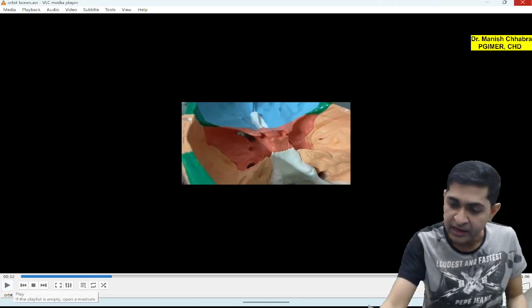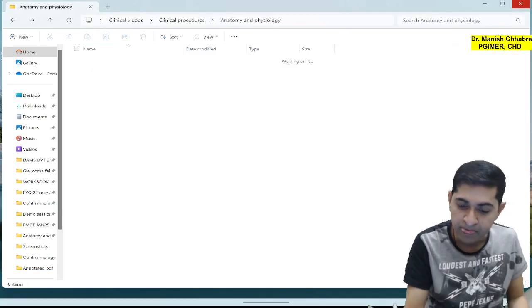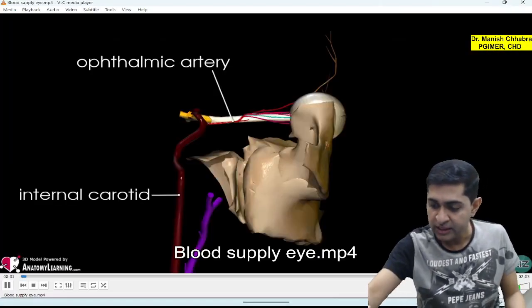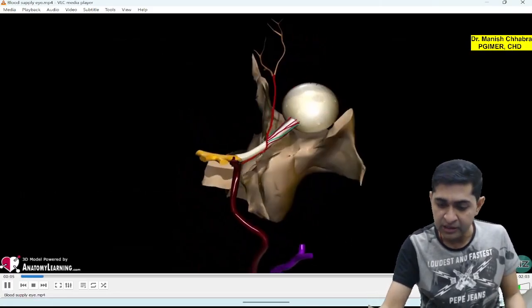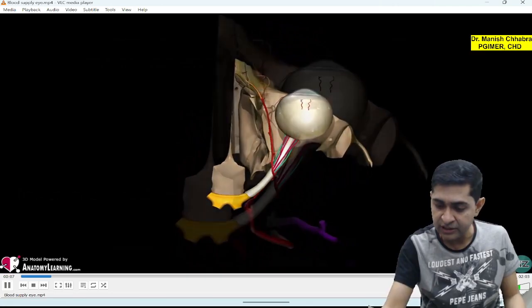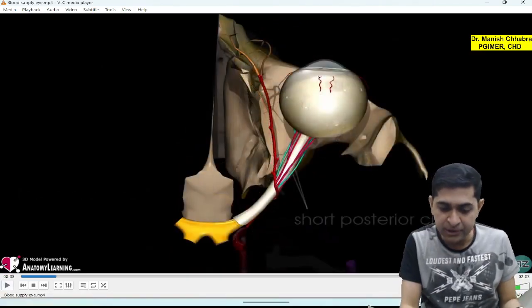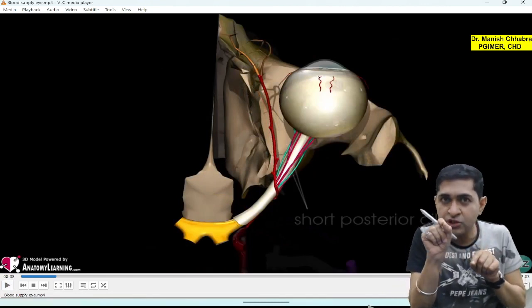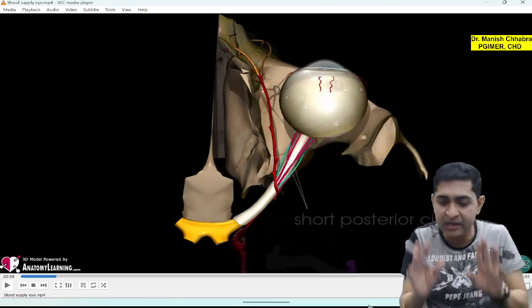Okay, now having understood this, let's get back to our old video which I was showing you before. Now check this out. There is the ophthalmic artery, and there is the optic nerve, which is yellow and which continues inside the orbit, going in via the optic canal.